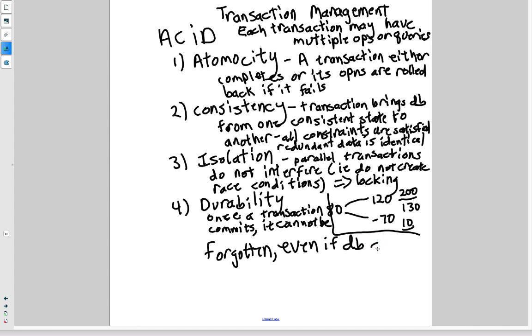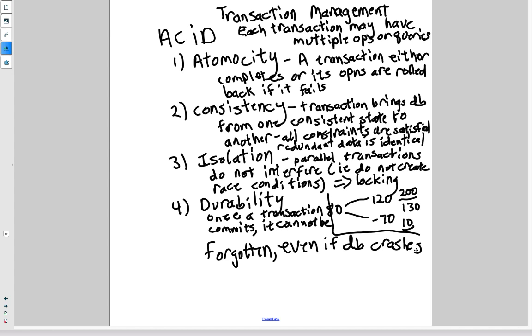So that's durability. Once a transaction commits, its effects are there permanently. It can't be forgotten. So these 4 properties are super important for relational databases, and especially for financial transactions, they are critical.